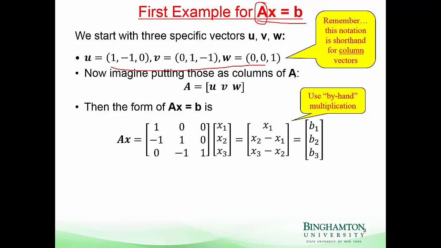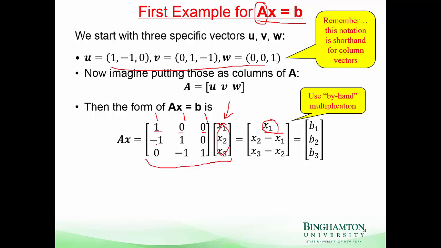So given A defined this way, we can write out the AX part this way. And you'll notice that we're just using symbols for the X. That's because we don't know what it is. And so if we do our by hand multiplication, we're going to take these three elements and lay them out across here, so that the first element of the result will just be x1 times 1, 0 times x2, and 0 times x3 gives us just x1.